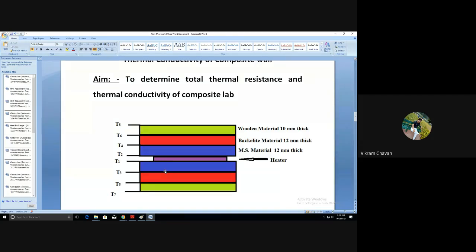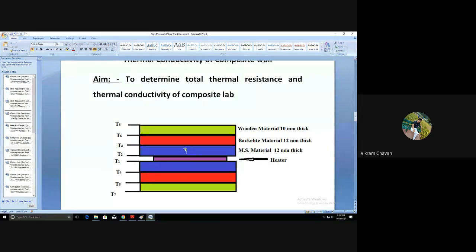For that reason, we have provided the same composite wall configuration on both sides, and we are assuming that half of the heat is transferred by the heater in the upward direction, and half in the downward direction.